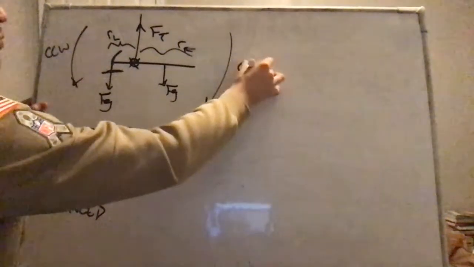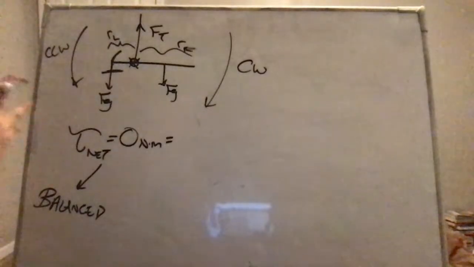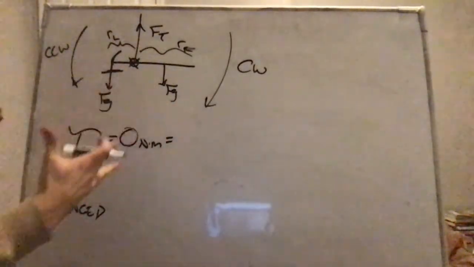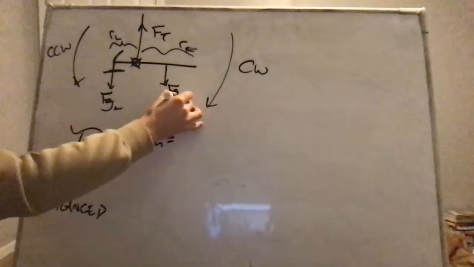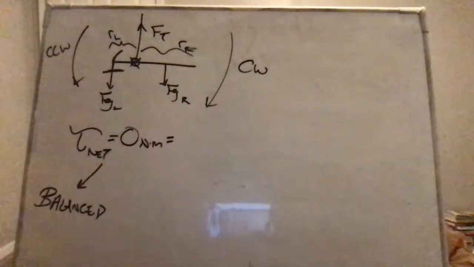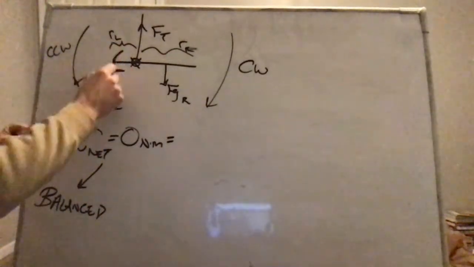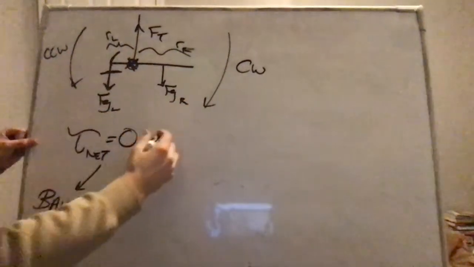We had to use directions like clockwise and counterclockwise in order to understand this. Our forces acting away from the axis of rotation, like the force of gravity on the left side and the force of gravity on the right side, produce these torques. So we can say that the force of gravity on the right side is pulling down around the axis of rotation, causing a counterclockwise torque.